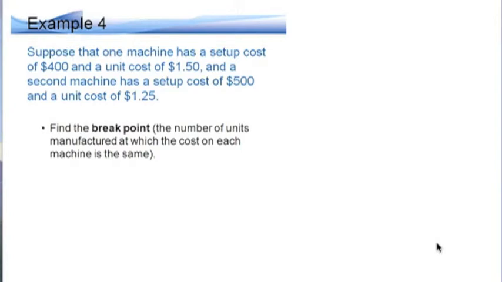Basically, one of them costs me more to set up, but it costs me less to manufacture things on that machine. So we're interested in knowing where the break point is. The break point is the number of units manufactured at which the cost on each machine is the same. Somewhere along the way, their cost would be the same.